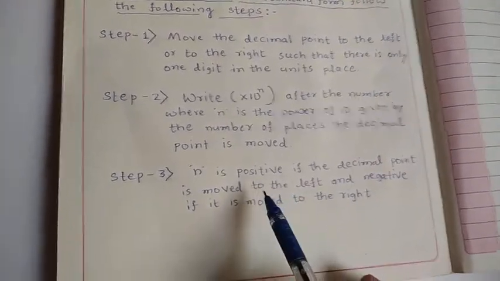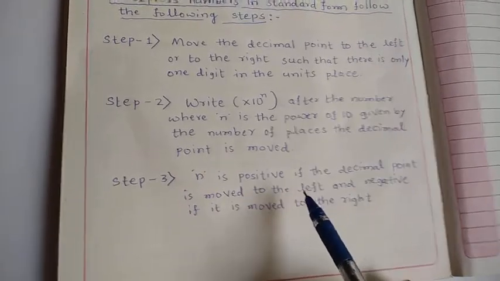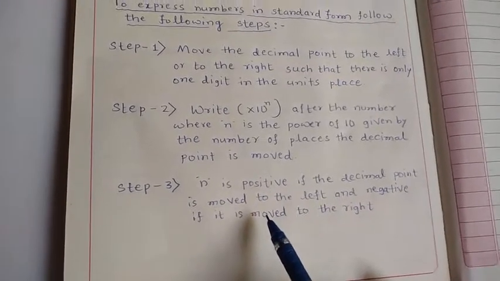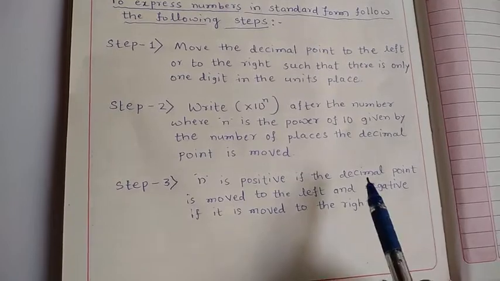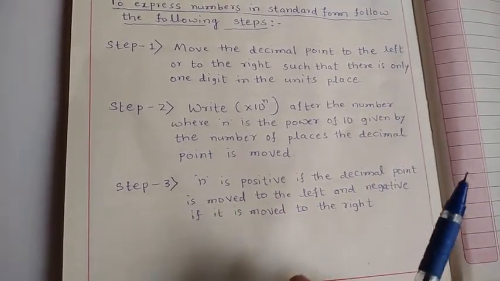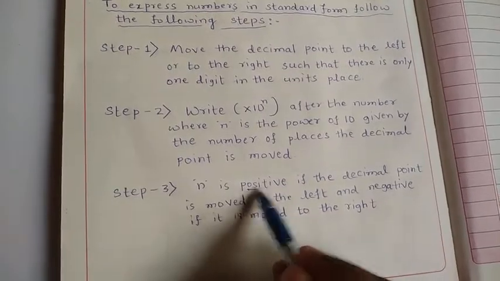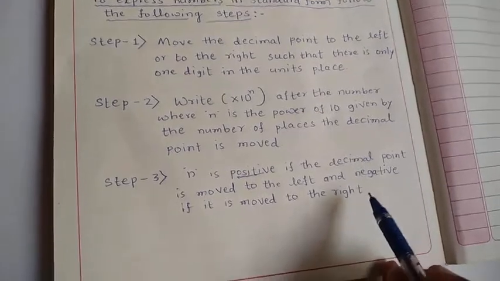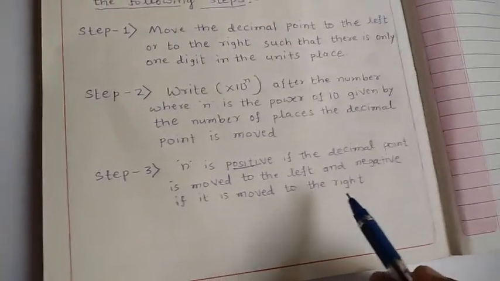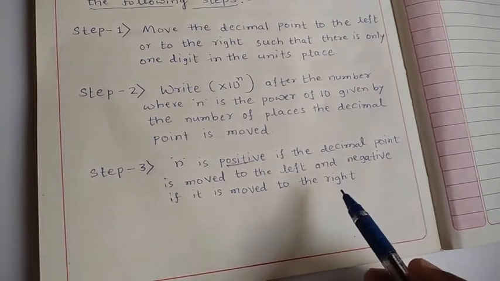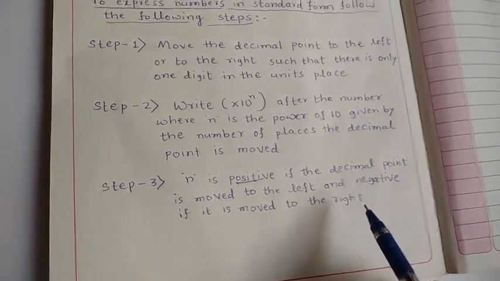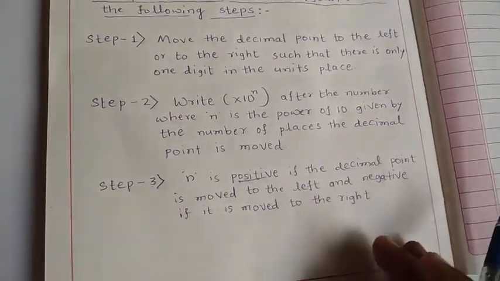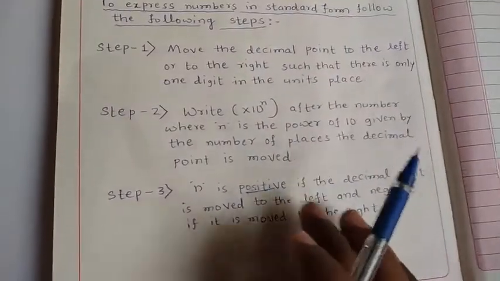If you move the point to the left, you have to consider the power as positive, and if you move the point to the right, you consider the power as negative. This is how to write the given numbers in standard form. Keep all these steps in your mind.